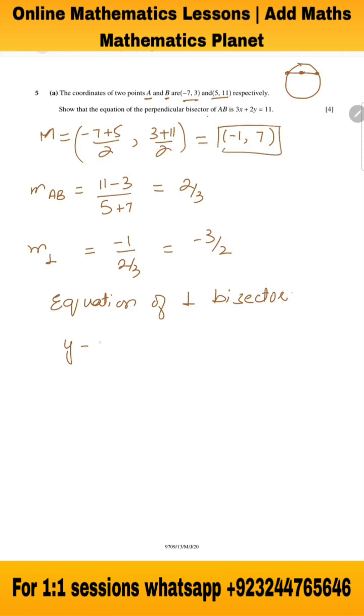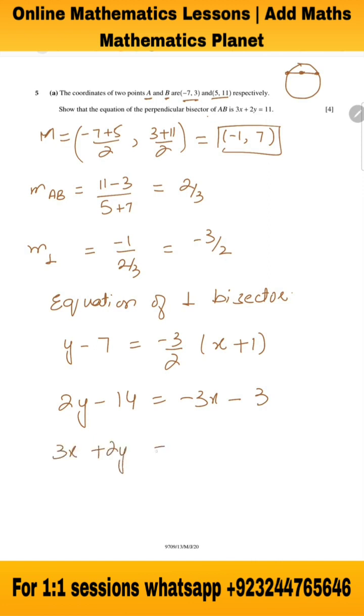So it would be y minus 7, which is equal to -3 by 2, x minus -1. 2y minus 14 is equal to -3x minus 3. So it's going to be 3x plus 2y, which is equal to 11.